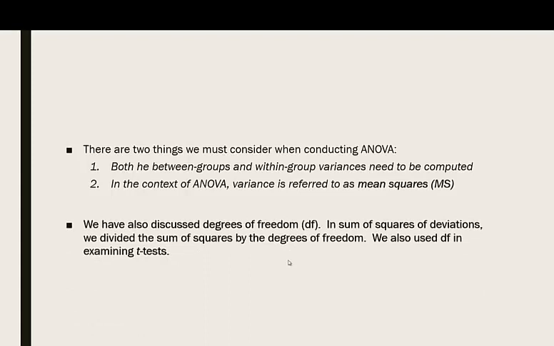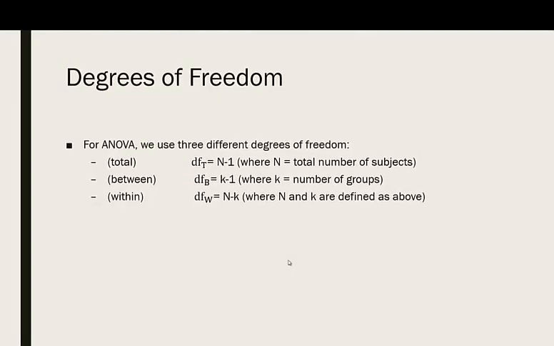We've used them almost since the beginning of our class. Degrees of freedom are pretty straightforward in our one-way ANOVA. We divided the sum of squares of deviations by degrees of freedom. We also used degrees of freedom in examining t-tests and so on. Degrees of freedom are also used within ANOVA, and here's the basic way it's done. It's very easy.